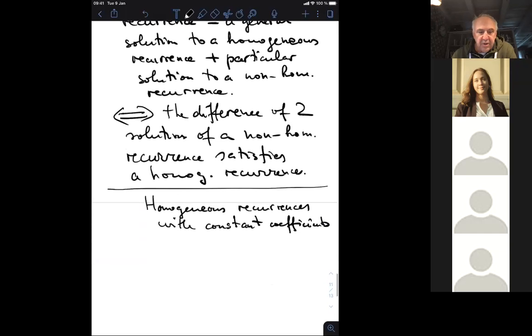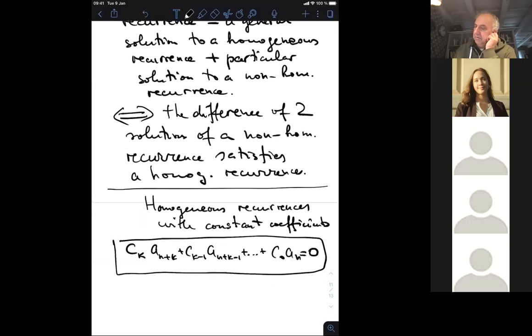Okay, so those are of the form c_k a_{n+k} + c_{k-1} a_{n+k-1} + and so on + c_0 a_n vanishes. And c_0 to c_k are constants, and we are looking for sequences a_1, a_2, and so on, a_n, and so on, satisfying such a thing.